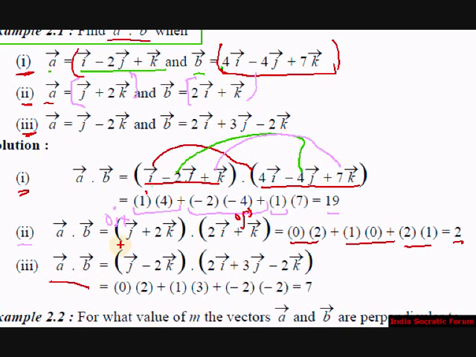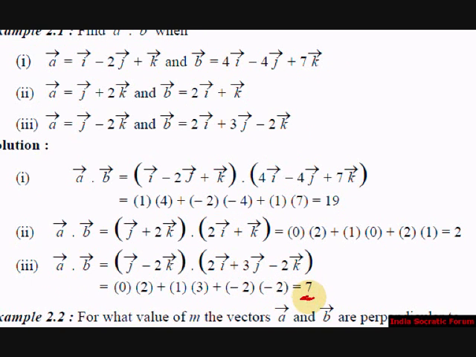Here, what is missing is once again 0i, and the rest of the things are there. So 0 into 2 is 0, and then 1 into 3, and minus 2 into minus 2. That is what we get here. Hence the dot product of this is 7.